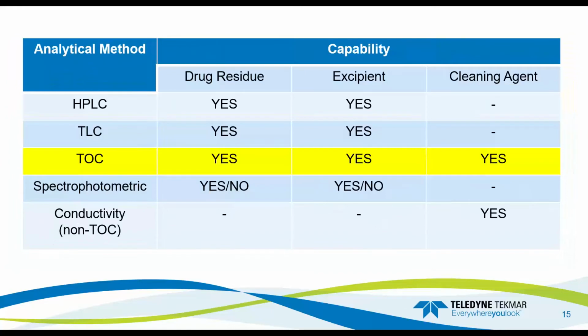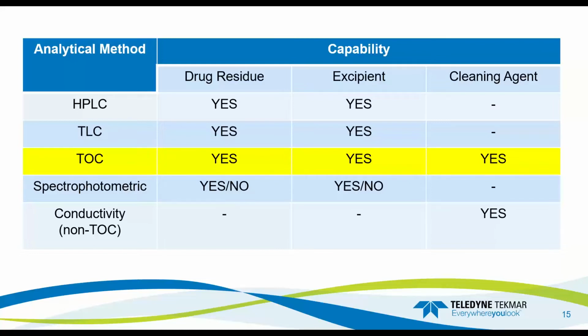So when we start looking at capabilities, HPLC can do drug residues and excipients, but if you look at some cleaning reagents, it might struggle on some of them. Same thing with thin layer chromatography. But TOC, being that it can capture all carbon, is going to get you across the board.